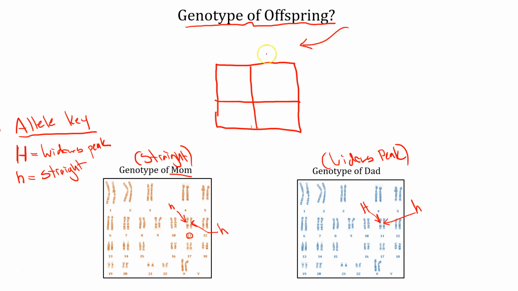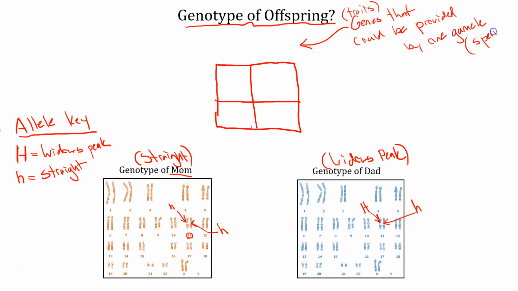And along the top, you will put the genes, or maybe we'll keep the language similar here, the traits that could be provided by one gamete. So let's say on the top here we're talking about dad's gamete, so that would be sperm.